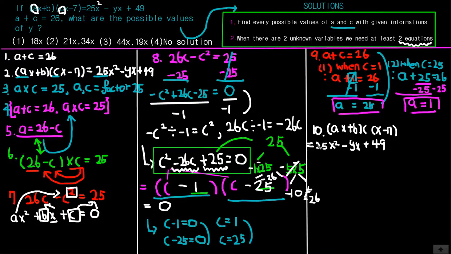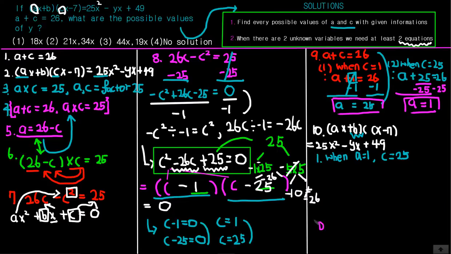Right now there will be 2 possibilities, at first when a is equal to 1 and c is equal to 25. But before we solve it, we have one more variable left, which is b. And then we can solve for it.